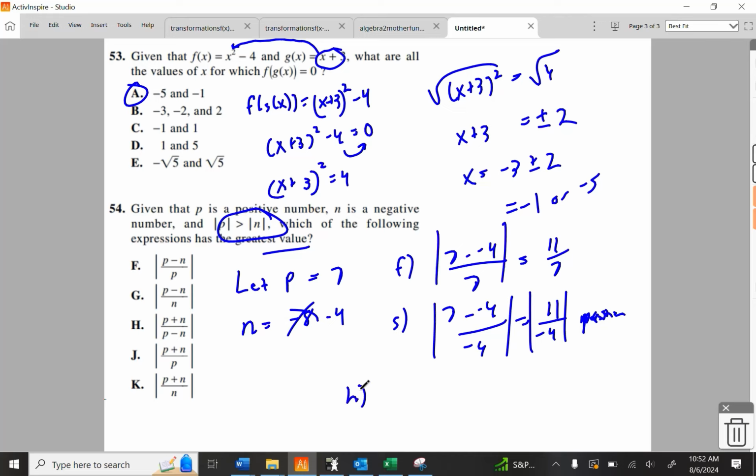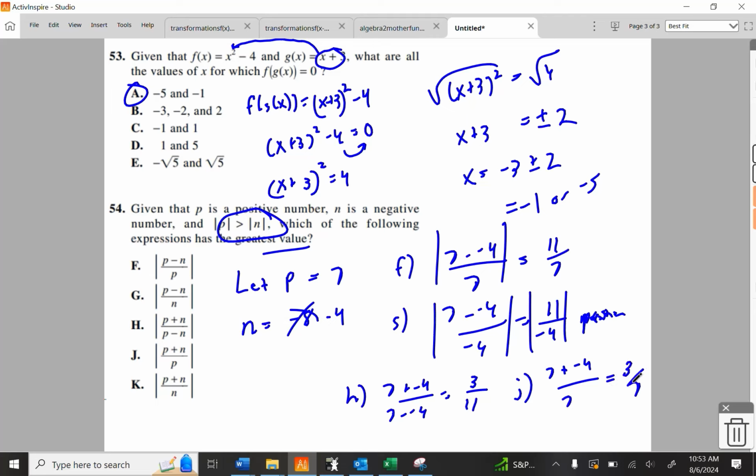If I did example H, here I would have 7 plus a negative 4 over 7 minus a negative 4. That's going to be 3/11. Now, so far, the biggest thing up here is G. I know that negative symbol throws some people off, but example J, 7 plus a negative 4, and it's going to be sitting over P, which is 7.